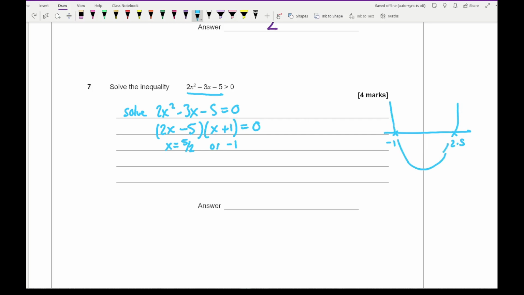Now we're looking for values where the curve is above the x-axis. If the inequality was going in the opposite direction, it'd be below, but because it's more than, we want this region here. So how do I represent that region? Well, x has got to be less than minus 1, or x has got to be greater than 5 over 2, or if you want to write it as a decimal, 2.5.